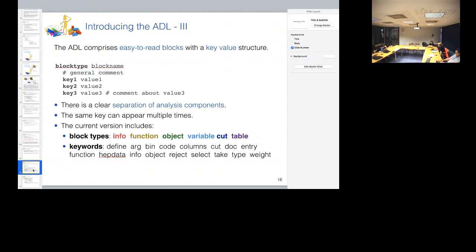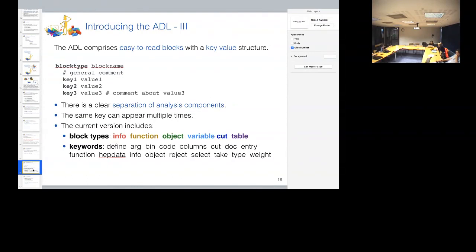So we felt that having easy to read blocks, where blocks define objects, would be a way forward. This is really a block structure with key value elements where the value can be quite complicated. It could be some very complicated Boolean system, a call to some function, an assignment, or what have you. But the idea is that the block type is defined by this key value sequence of statements.